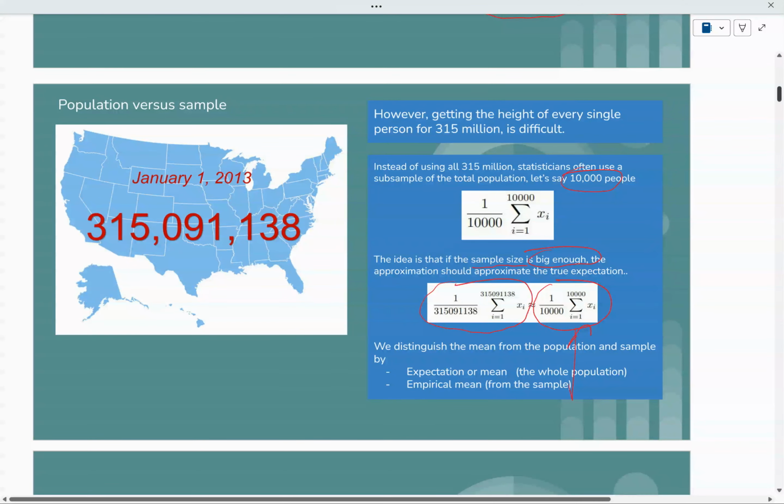That's the idea. Where the whole population is called the expectation or the mean, and if you only have a subset, it's called the empirical mean. So they're both means when you find the average. One is called just the mean, the other is called the empirical mean when you only have a subset of the population.